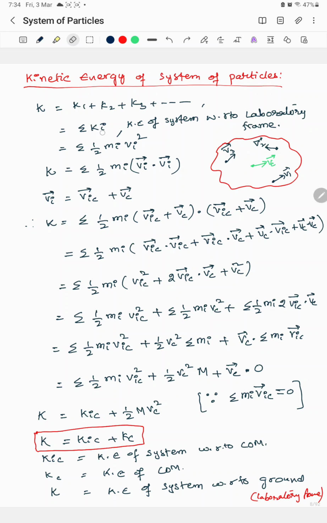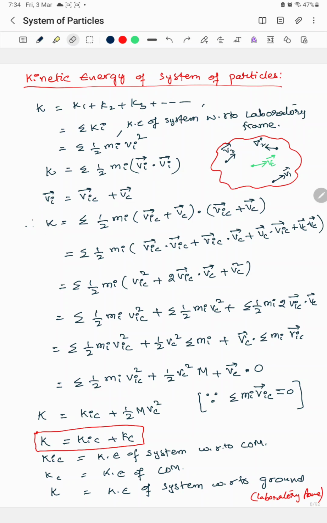This can be written as half mi Vi square, because this is the ith particle, and for this summation I am rewriting half mi Vi square as Vi bar dot Vi bar. Now Vi is equal to Vic plus Vc.